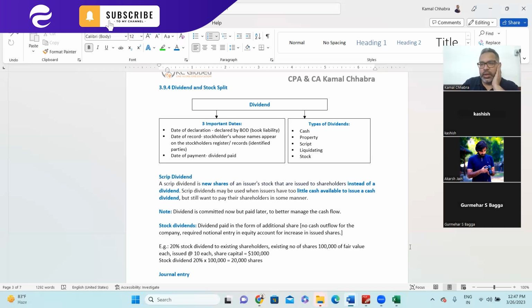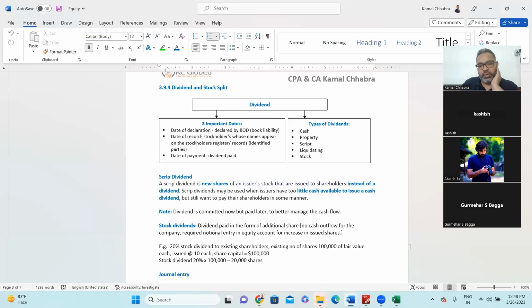Instead of paying $5 million in cash, the company said it will give one equity share for every 20 equity shares, right? Isn't it 5%?